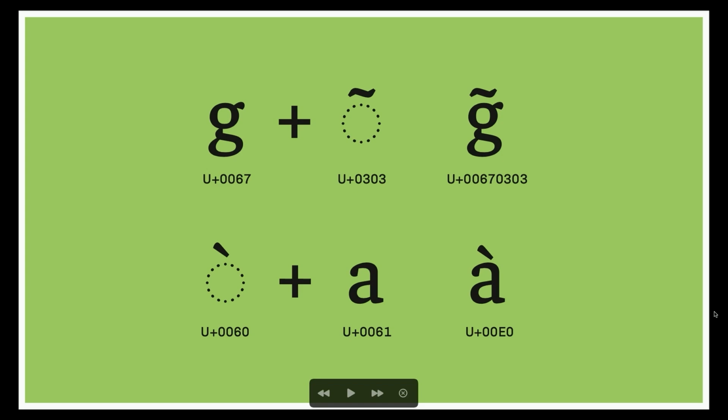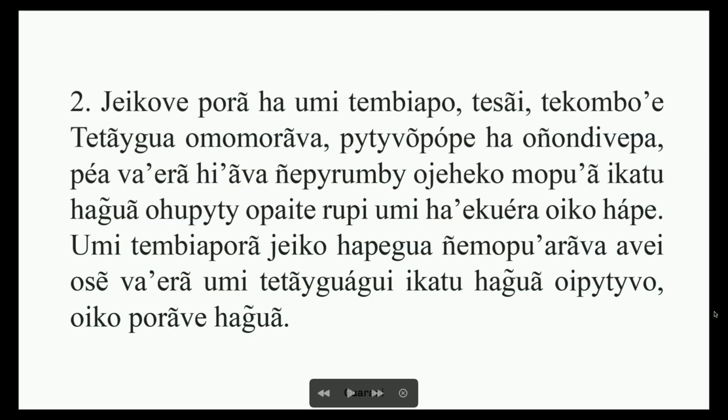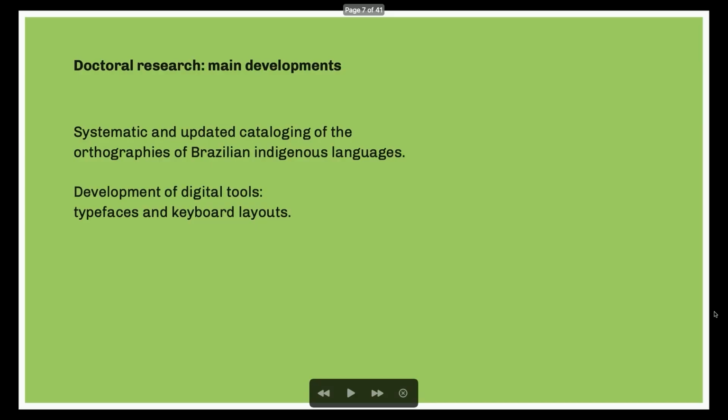So Brazilian keyboards and US keyboards don't do this kind of stuff, and I think most typefaces today don't have this technology to do this sort of thing. So this is an example of Guarani. You can see in the last line you also get some bad rendering for these glyphs, for these characters.